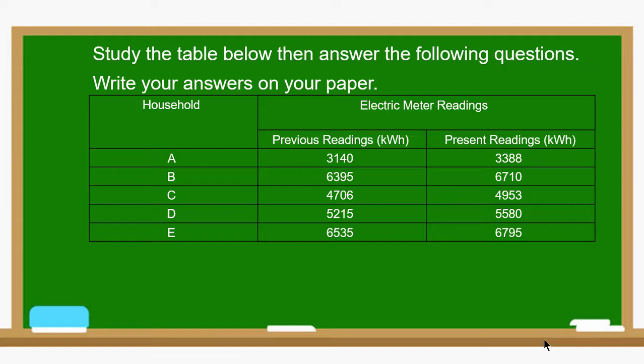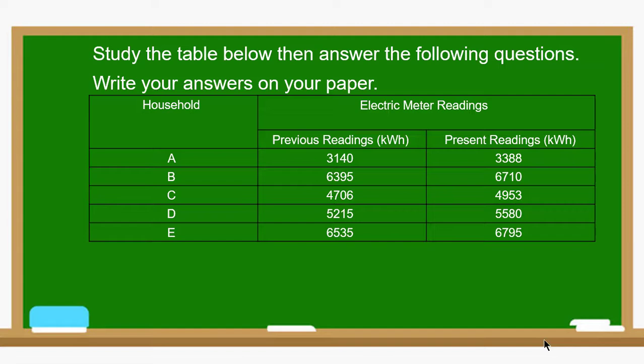Household B, previous reading 6,395 kilowatt hour. The present reading is 6,710 kilowatt hour. Household C, the previous reading is 4,706 kilowatt hour.